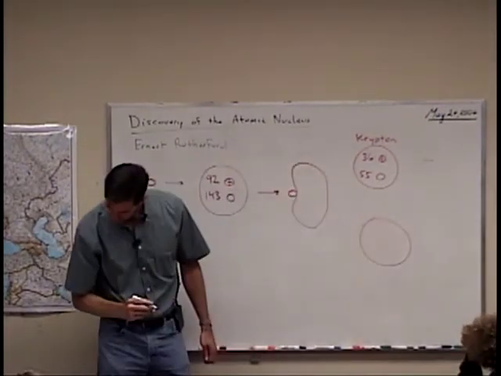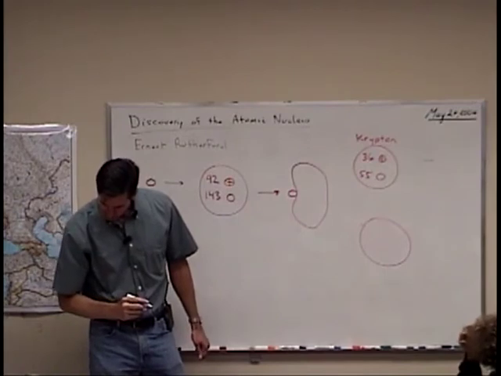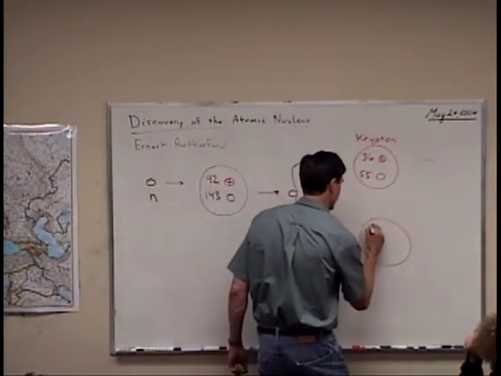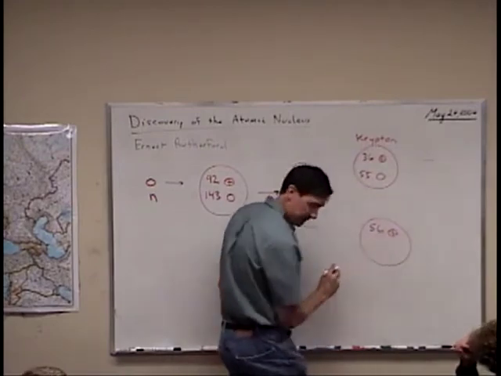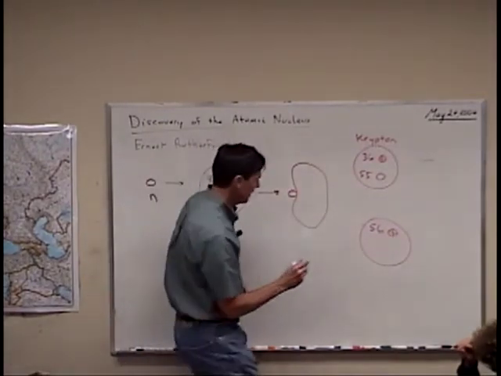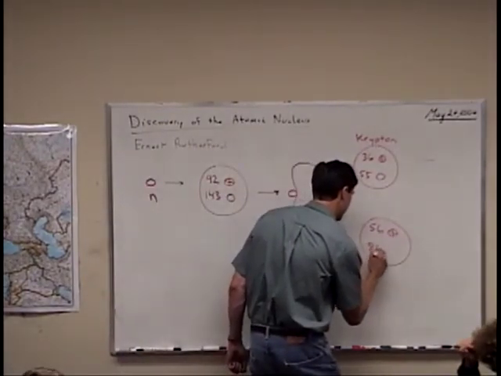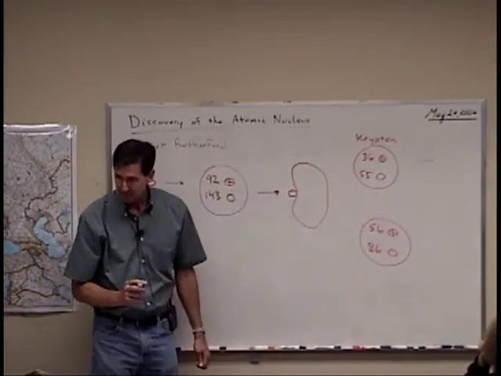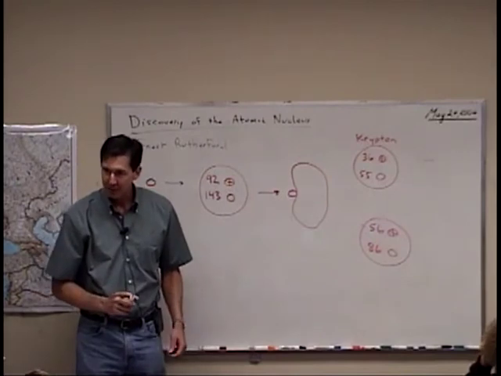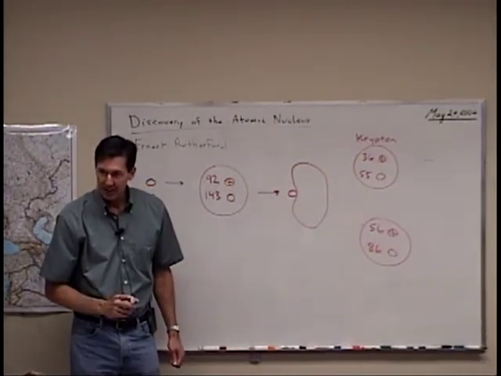The other nucleus is barium, which has 56 protons and 86 neutrons. What about that neutron that pushed into it?